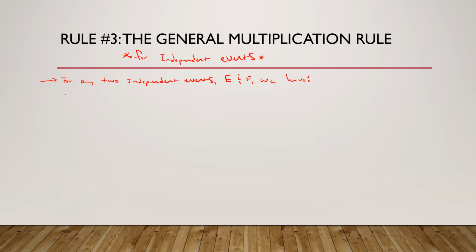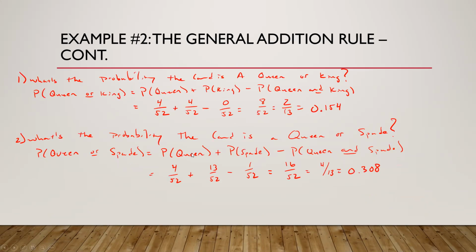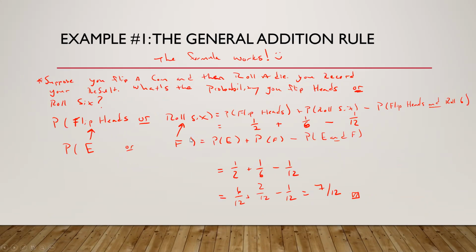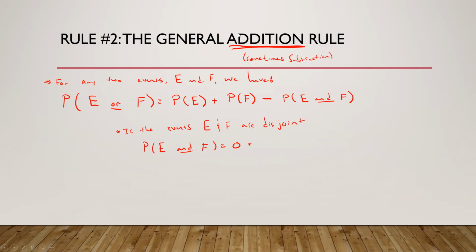If I say, what is the probability that event E and event F happens? Well, just like before, and I'm going to go back real quick. Whenever you see the or statement, you're going to think addition.